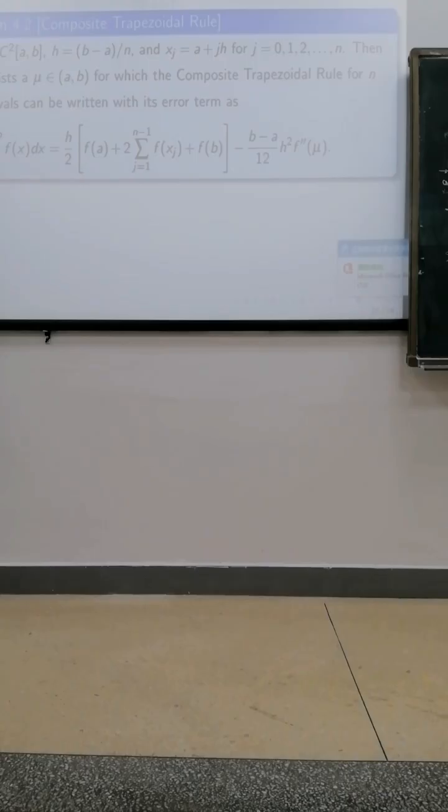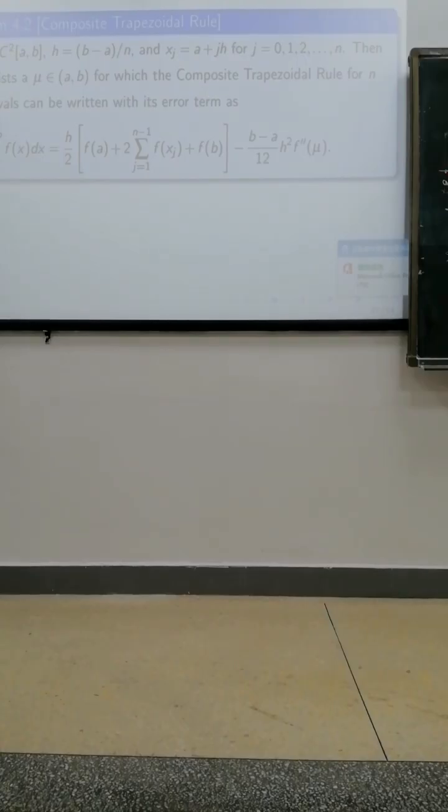Now, if we do not use the trapezoid rule and just use Simpson's rule, what will happen? If we apply Simpson's rule here, it will be k equals 0 to n minus 1, and here h is equal to x1 minus x0.